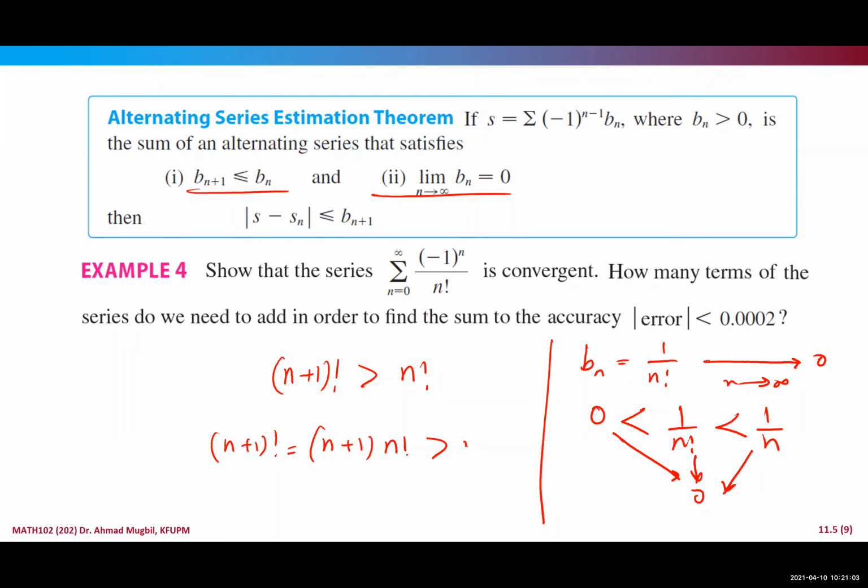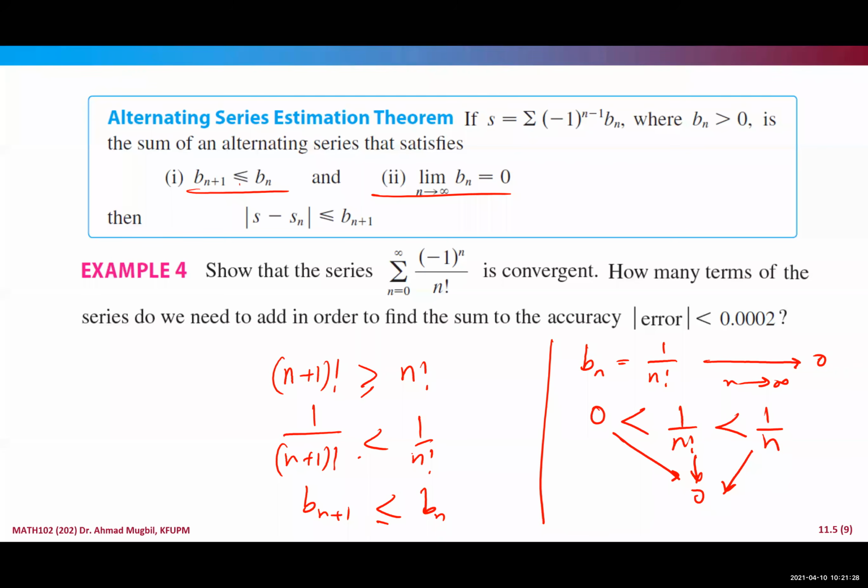So this is clearly greater than or equal to n factorial, because here we start with n greater than or equal to 0. Because both are positive, we have the reciprocal: Bn plus 1 will be less than or equal to Bn. If n equals 0, they will be equal. So this part is easy.